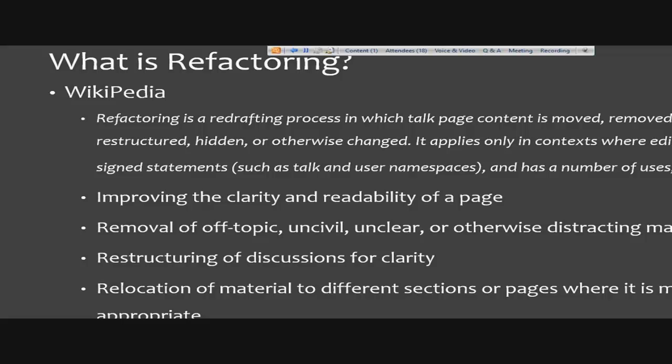What it says is that refactoring is a redrafting process in which talk page content, that is the speech content, is moved, removed or revised, restructured, hidden or otherwise changed.